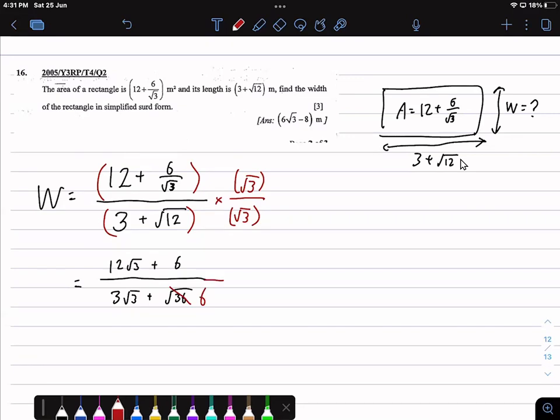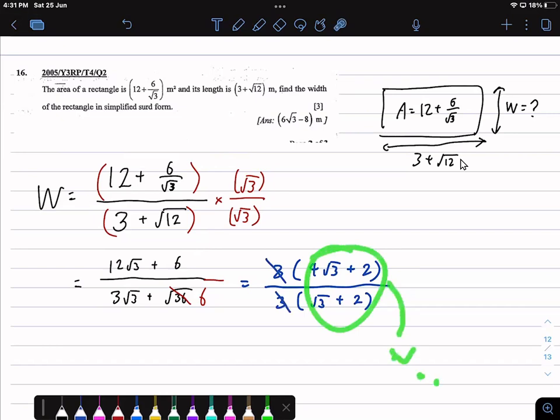Before we even continue, before you start rationalizing the denominator, look at the fraction. Look at the coefficients. Any common factor? Yeah, 3. Right. You can factor out 3 first, before you start to multiply everything. Try to factor out, simplify as much as you can. Then the 3 cancel off, then you continue.